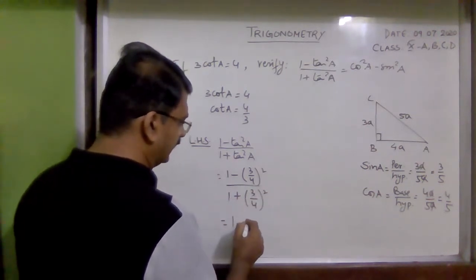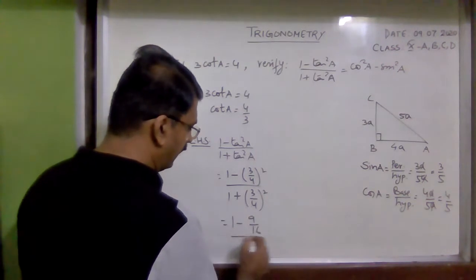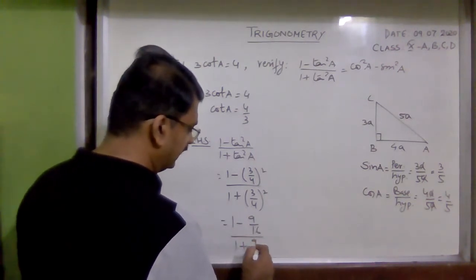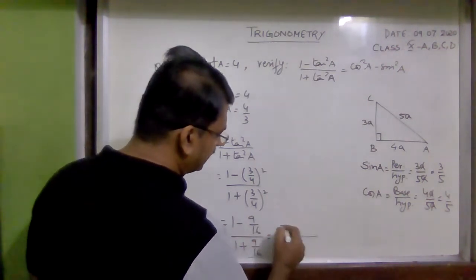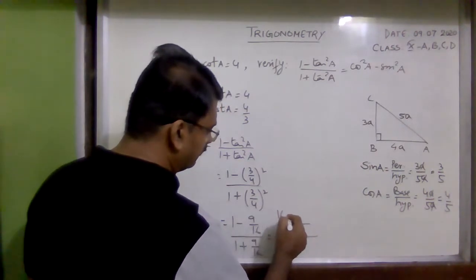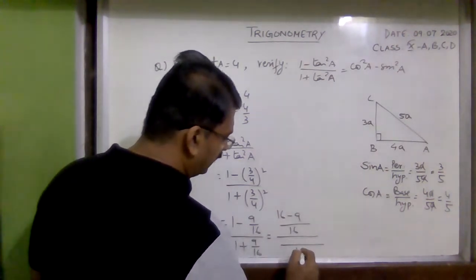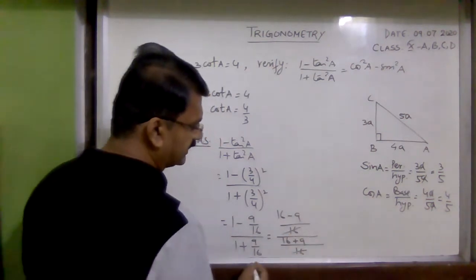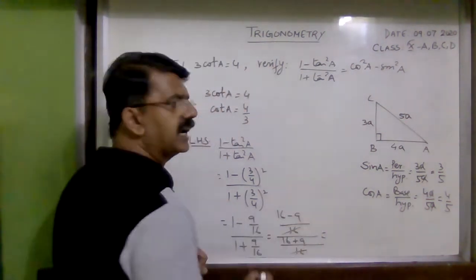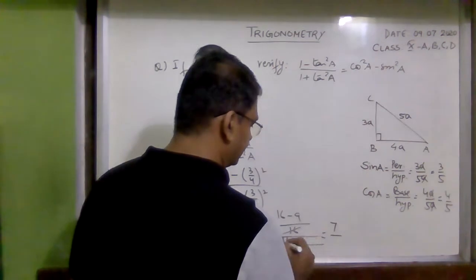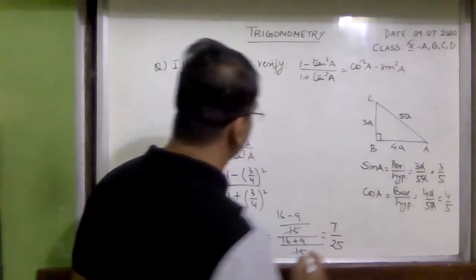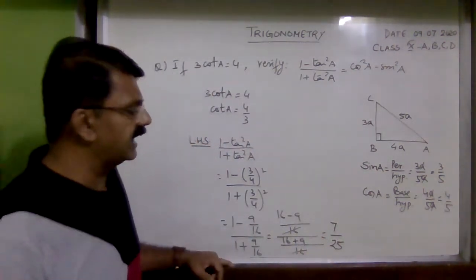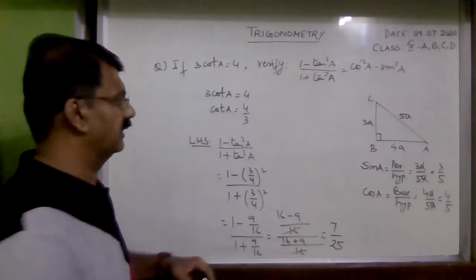That is (1 minus 9 by 16) upon (1 plus 9 by 16). So in the numerator you take 16 LCM, so 16 minus 9. In the denominator also you take 16 LCM, 16 plus 9. 16 gets cancelled. 16 minus 9 is 7 and 16 plus 9 is 25. So when I solve the left hand side, I am getting 7 upon 25.